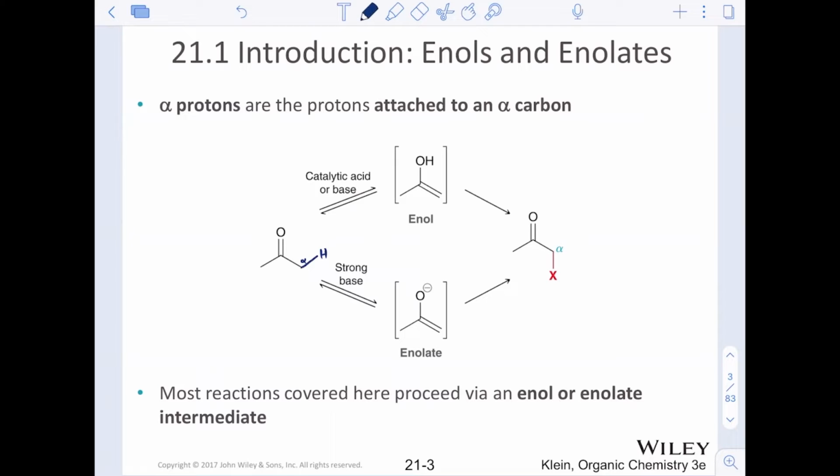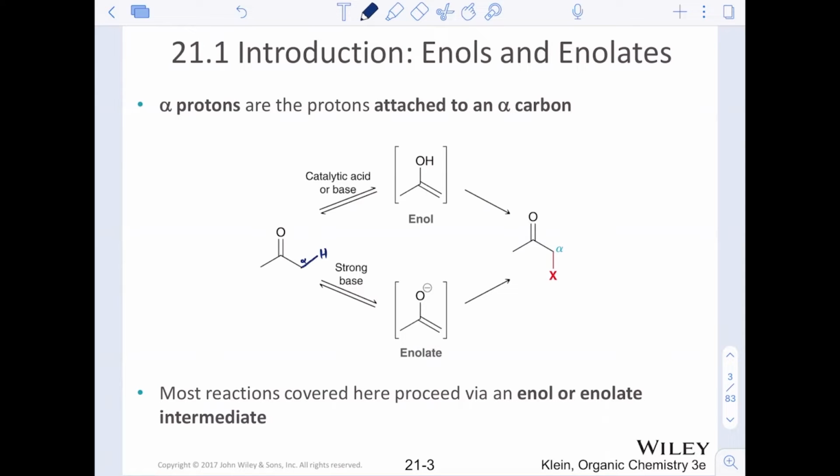Carbon-carbon triple bonds can use acid catalyzed hydration or hydroboration oxidation to create an enol. So we have seen enols before. It was way back in chapter 9. And they tautomerize to ketones. We are going to be utilizing that relationship between the enol and the keto form in all of these reactions.